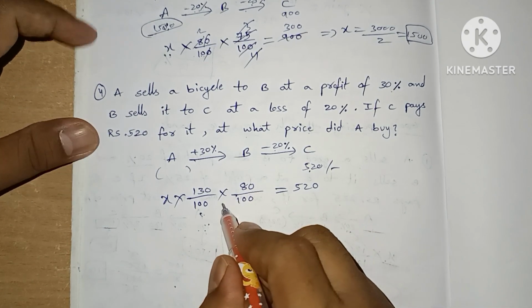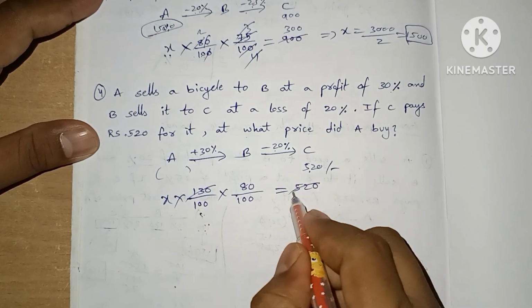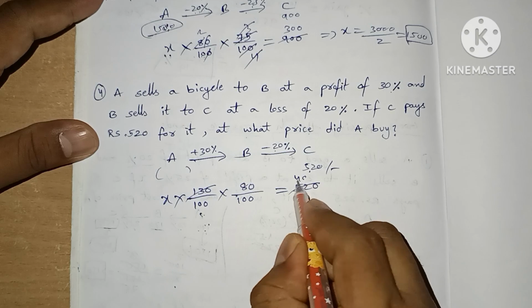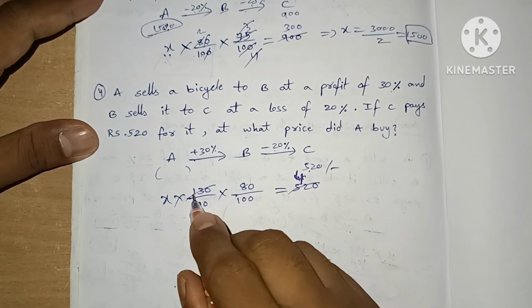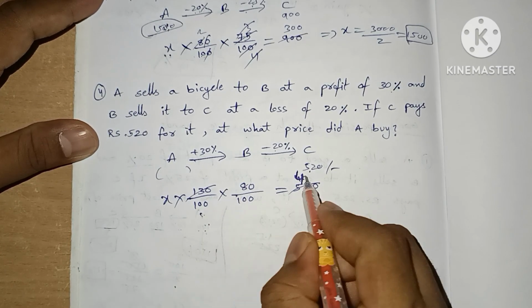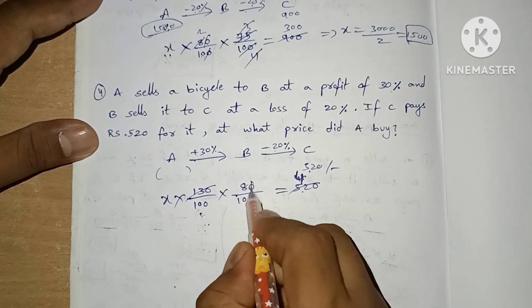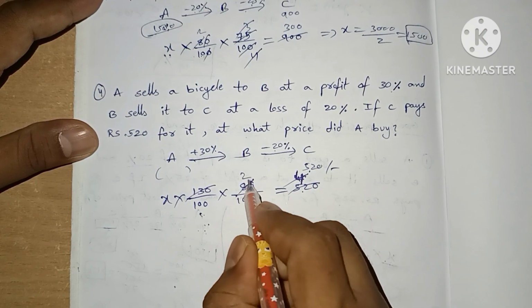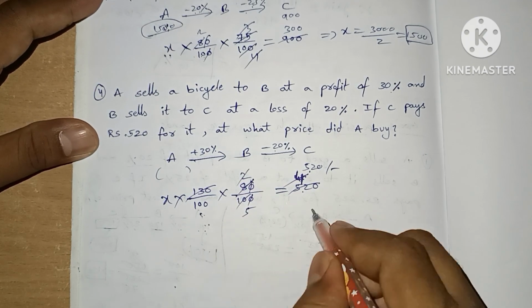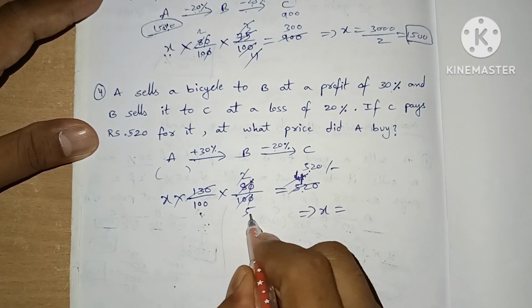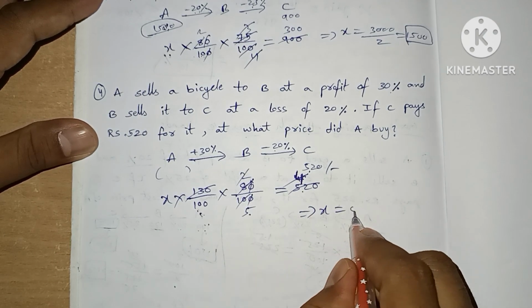Here 13, 4 times 13 is 130, 4 times is 520, and 0 cancel, 2 times 2, 5 times. So what we are left with is x equals 5 into 100, 500 is the answer.